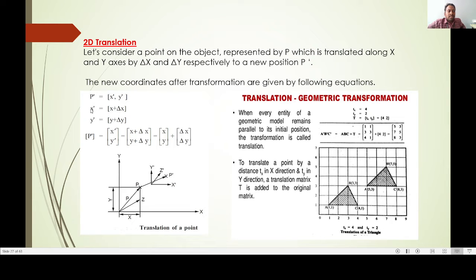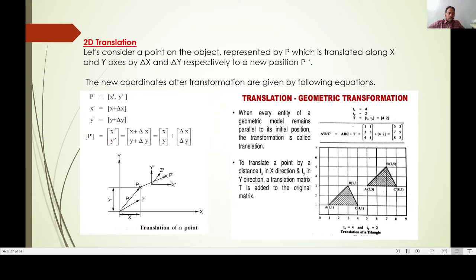So x dash is x plus delta x and y dash is y plus delta y. The final point P dash is represented by x dash comma y dash.